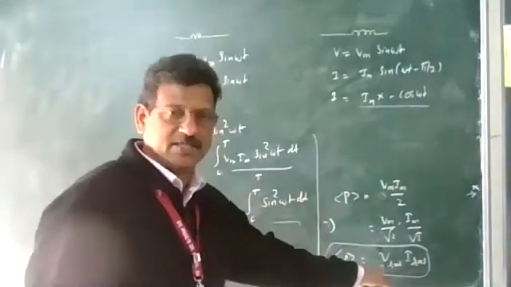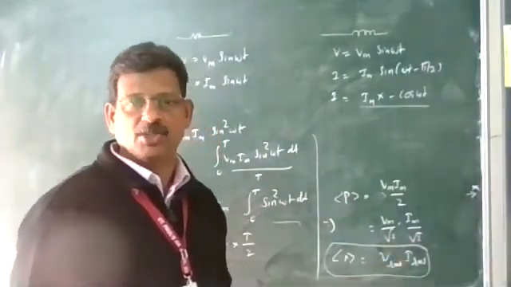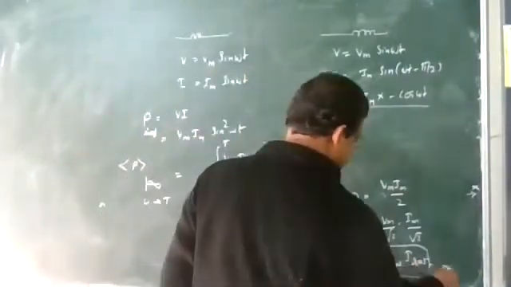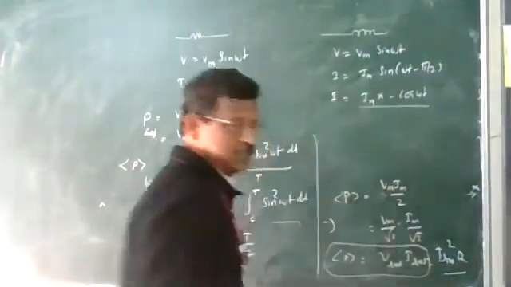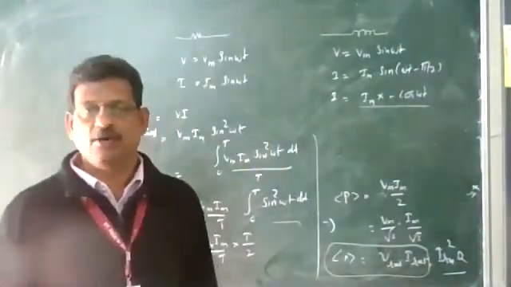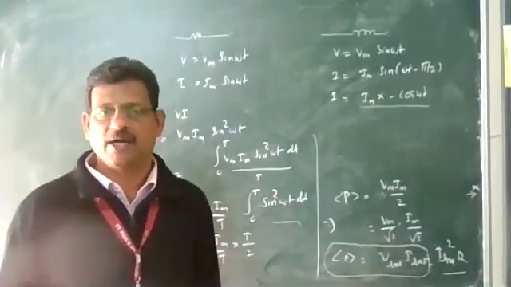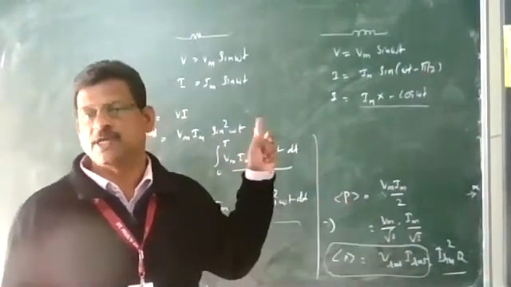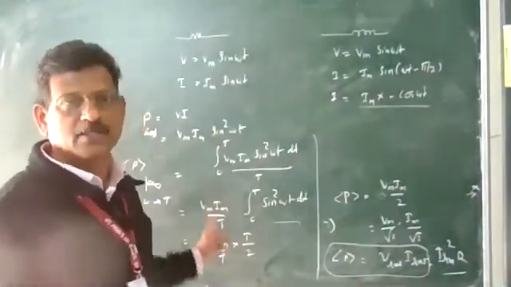If R is the resistance, instead of V we can put IRMS into R, so this equation can also be written as IRMS squared into R, because by Ohm's law V equals IRMS into R. Here IRMS stands for the RMS value. So this is the power delivered in the resistor circuit.